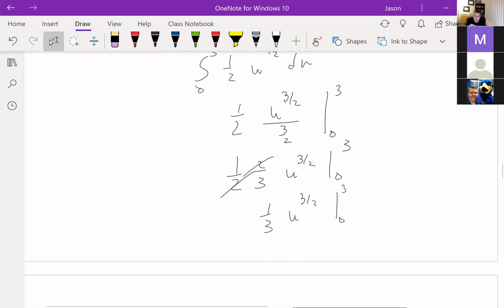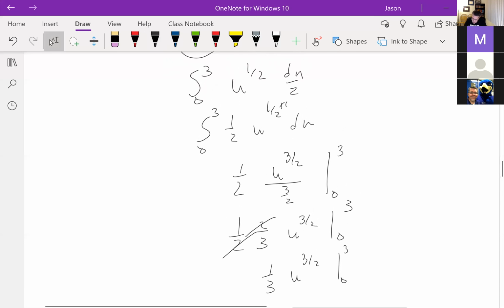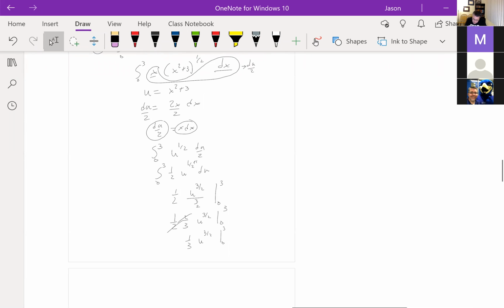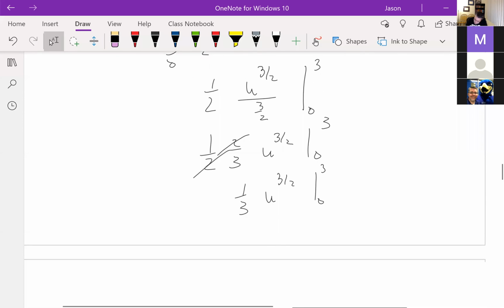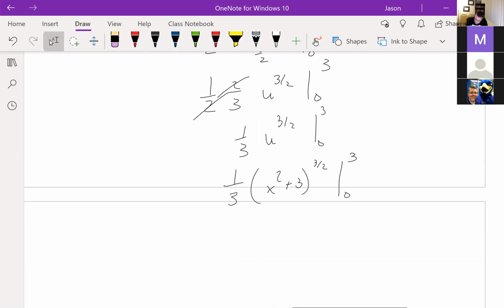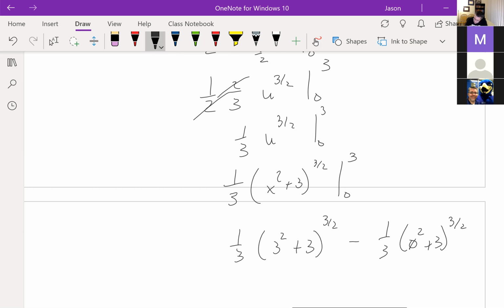But again, we have to go back to our original. What was our original? u was x squared plus 3. So we got to go back to the original before we plug in: x squared plus 3 to the 3/2, from 0 to 3. Now I can plug in. So this is going to be 1/3 times 3 squared plus 3 to the 3/2 power minus 1/3 times 0 squared plus 3 to the 3/2 power.